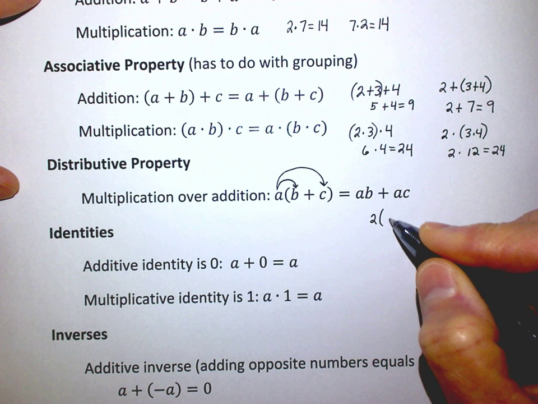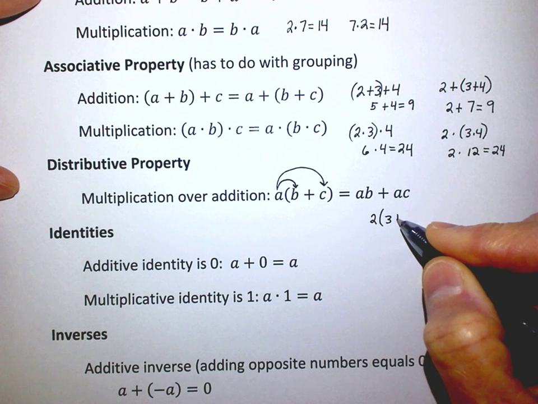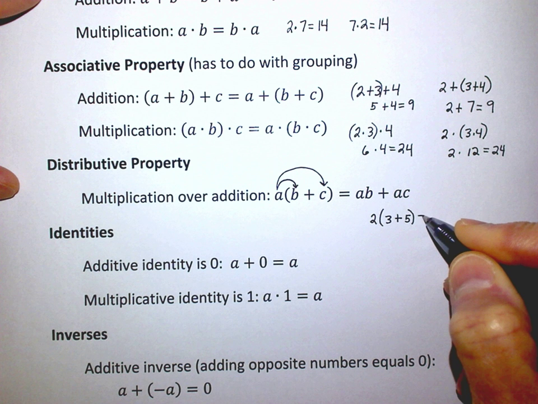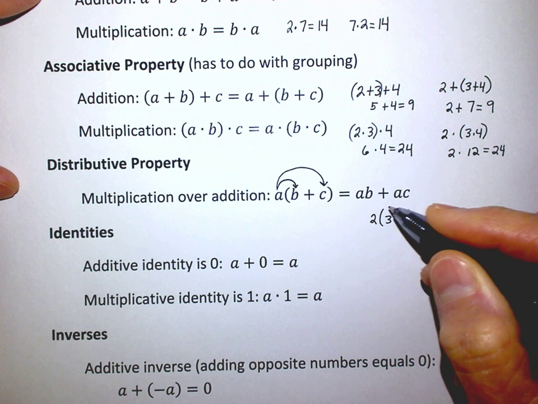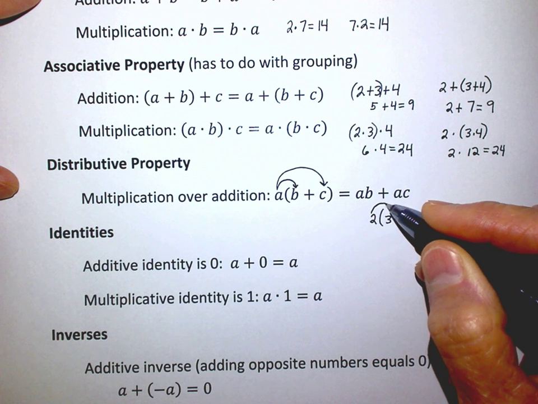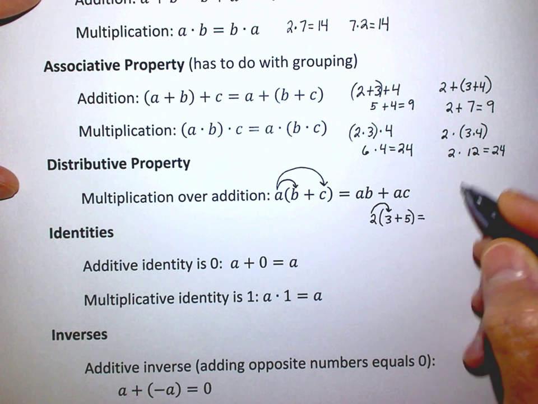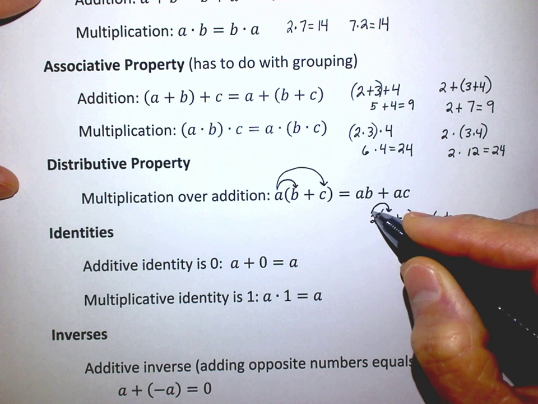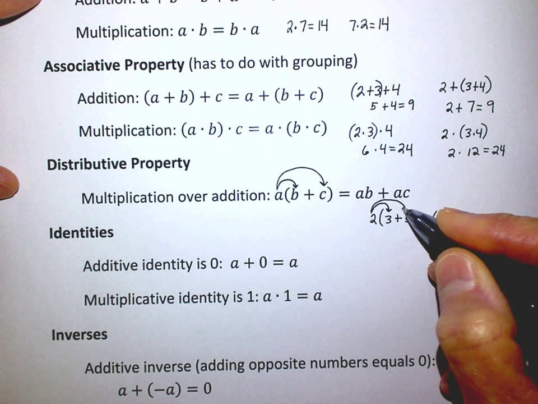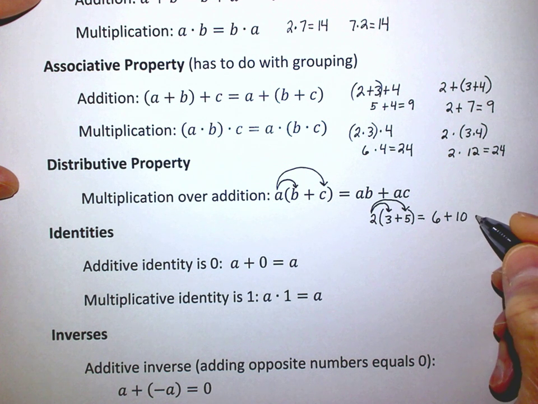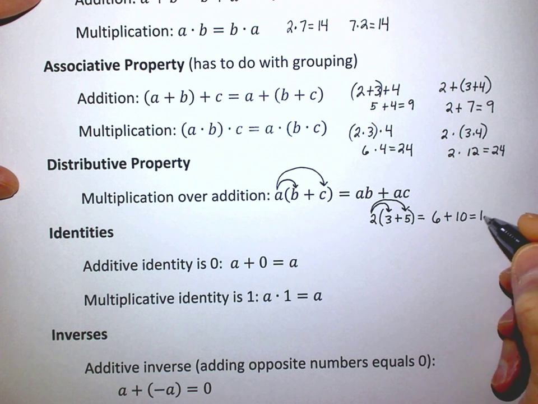2 times (3 plus 5). The distributive property tells me to multiply 2 times 3. That gives me 6. And add 2 times 5, which is 10. That equals 16.